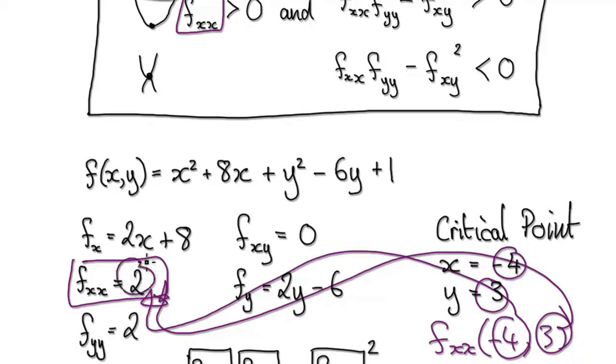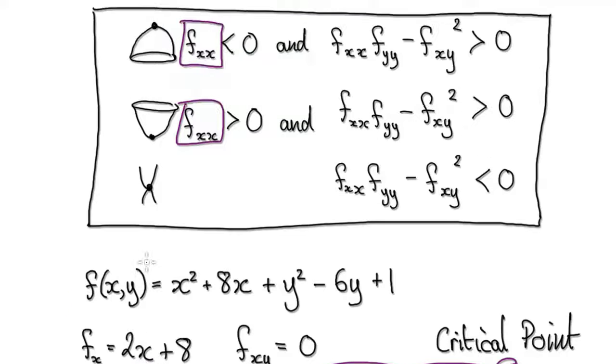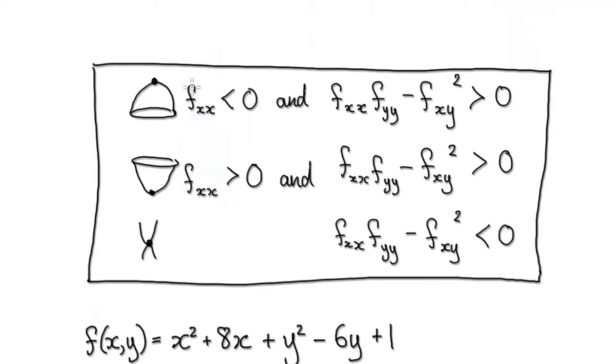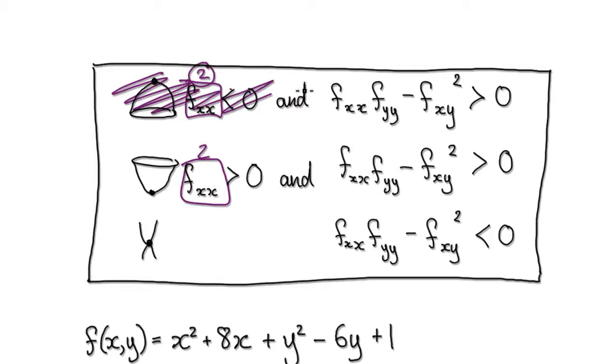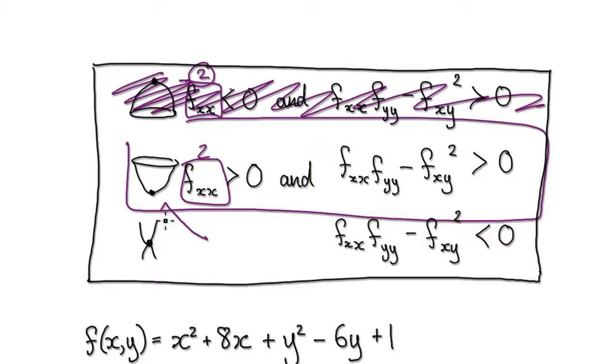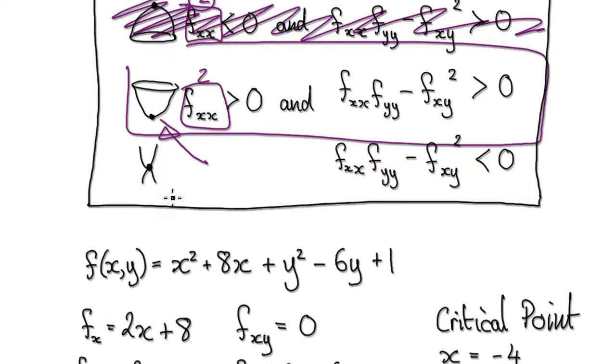It's just simply 2. So going back to here, this block here is the number 2. Well, 2 is not smaller than 0. So this is not true. So it must be a local minimum point.